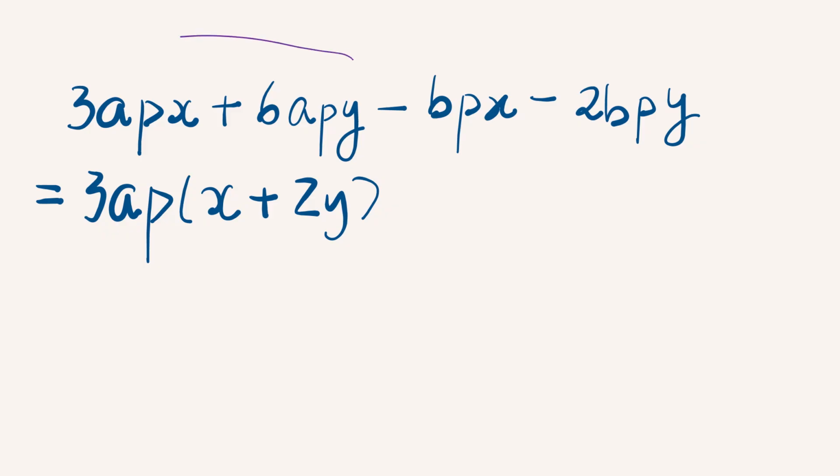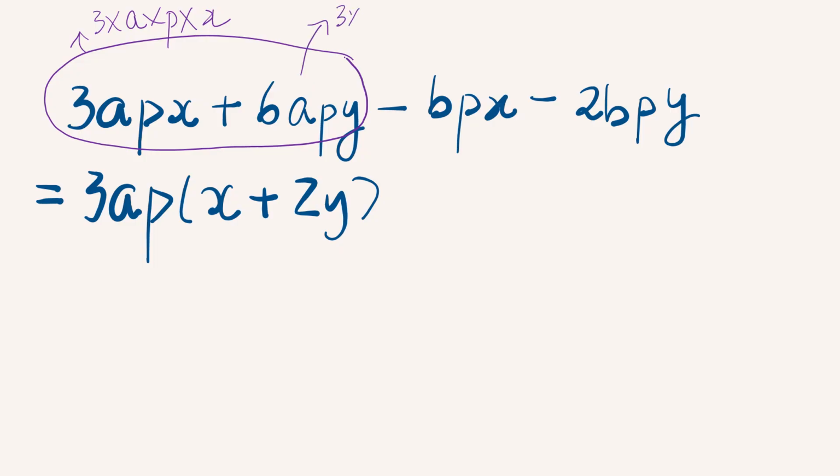The first group will comprise 3APX plus 6APY. So 3APX is equivalent to 3 times A times P times X. And 6APY is equivalent to 3 times 2 times A times P times Y.